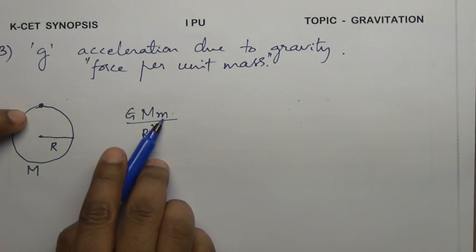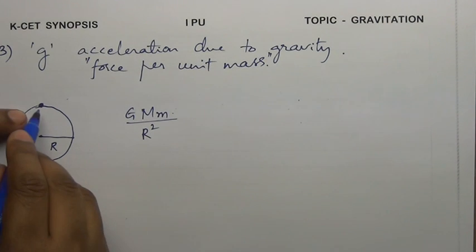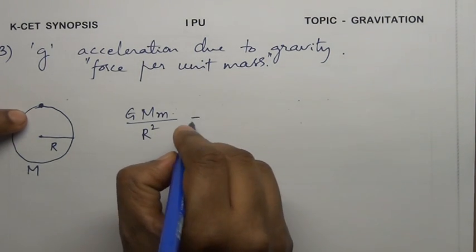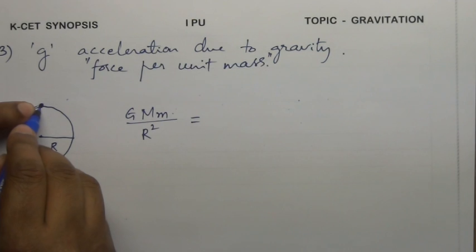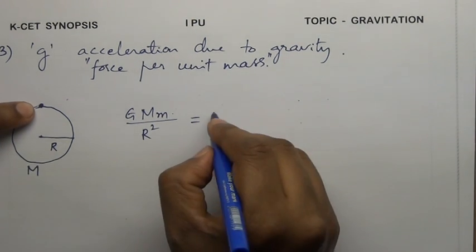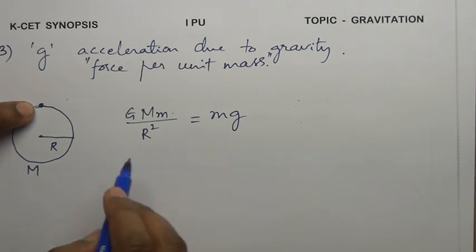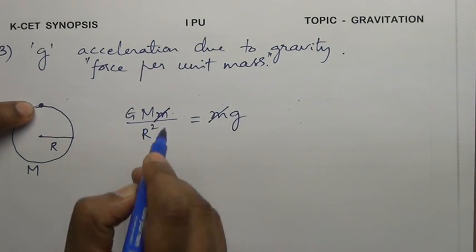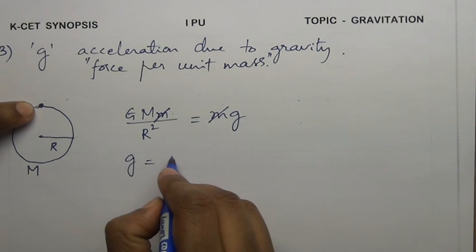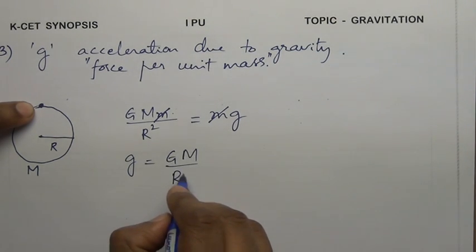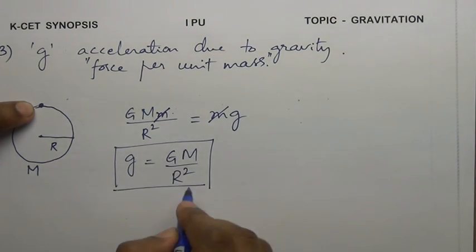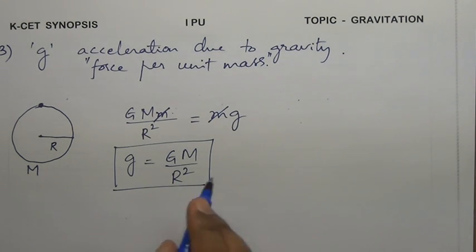Mass of the earth, mass of the object, distance between the two centers squared, is equal to, from Newton's second law of motion, this mass is pulled by some force, therefore we can write m into g. Small m cancels, therefore g equals G M by R square. So this is the expression for acceleration due to gravity.